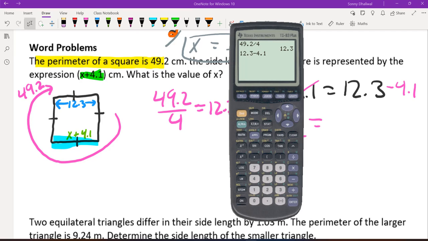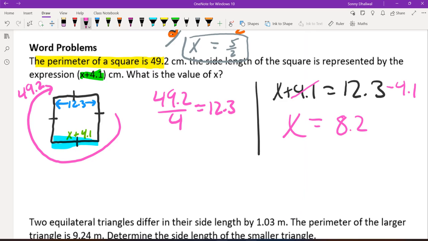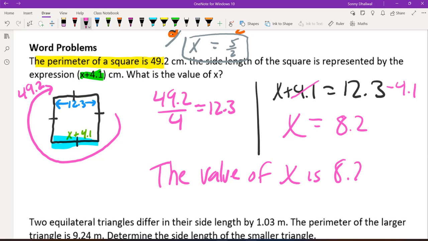I think that's 8.2. With a word problem, we give a little statement. The value of x is 8.2, and the units here are centimeters, so it's just 8.2 centimeters.